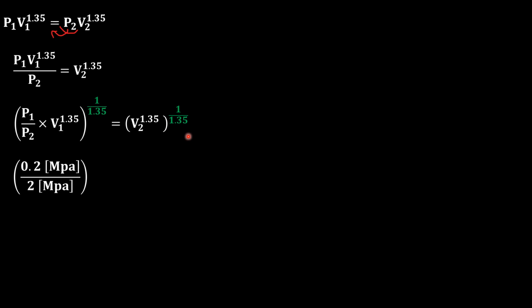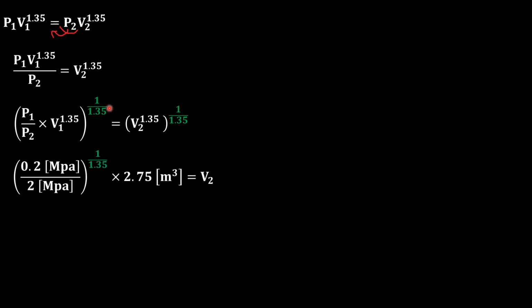So that's exactly what we are going to do in here. All to the power 1 divided by 1.35, and also the same thing on the other side. And here we will place the given values.